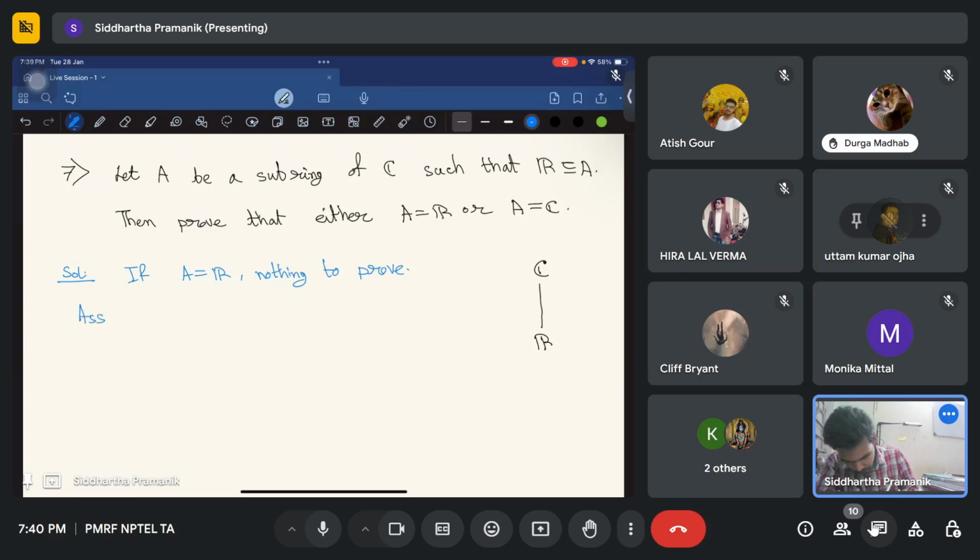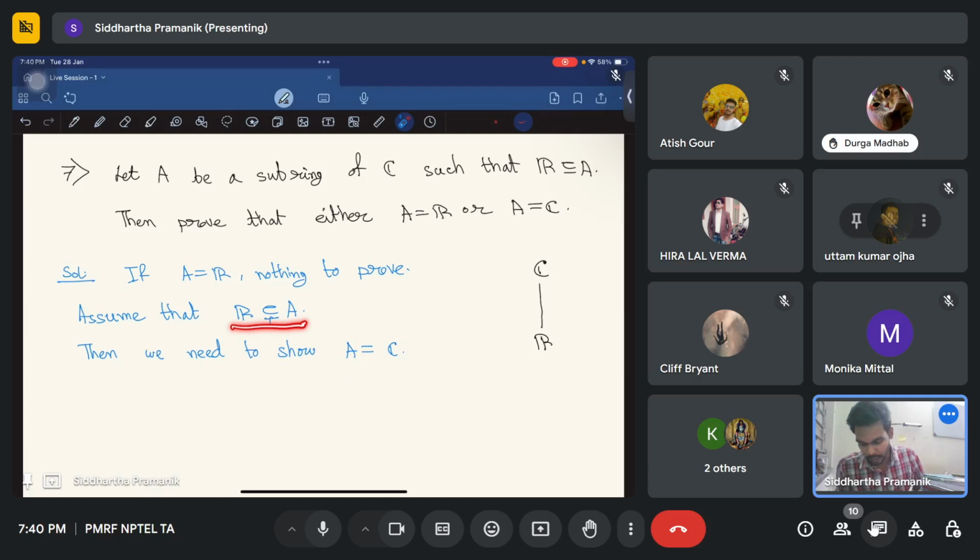Assume that R is a proper subset of A. Then we need to show A is equal to C. So A is properly containing R, and in that case we need to prove A equals C. Now R is a proper subset of A, so there exists some a plus ib belonging to A with b not equal to 0, because A is properly containing R, so it must contain some complex number.